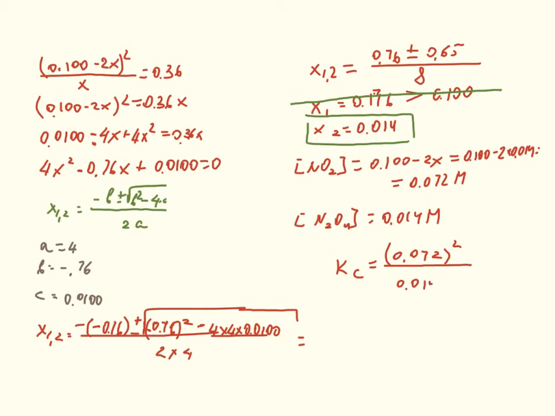Divide by 0.14, and the answer is 0.37, which is good enough and matches enough to the original equilibrium constant provided in this problem. The answer is valid. The problem is solved.